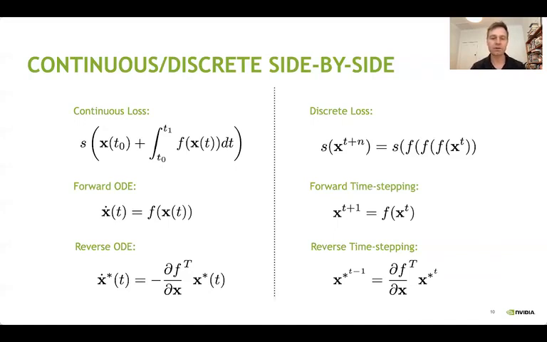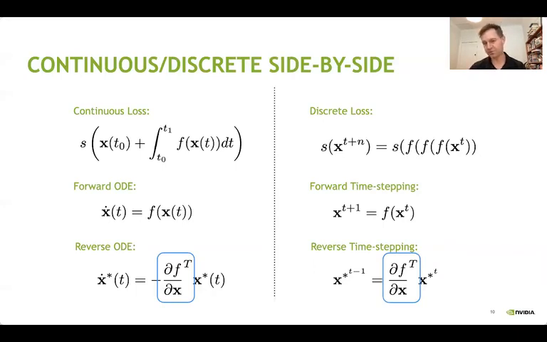In the continuous case, we have to solve this reverse mode ODE to take our gradients backwards in time. And in the discrete case, we are evaluating the chain rule, and each of our matrix-vector products is taking us one step backwards in time. The thing you note here is that both these methods still need the gradient of f with respect to x. And that's what we're going to talk about computing next.